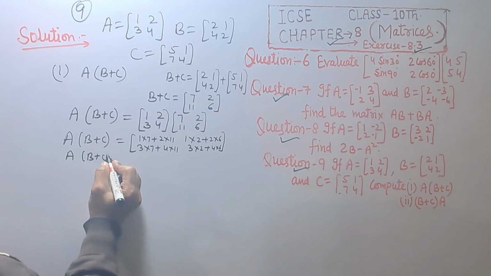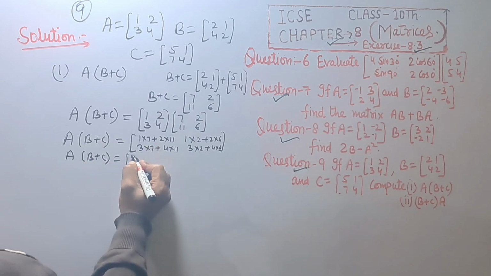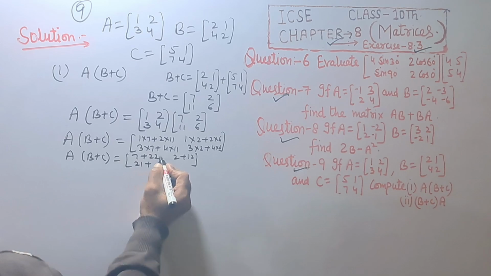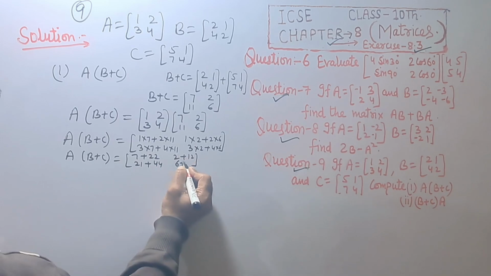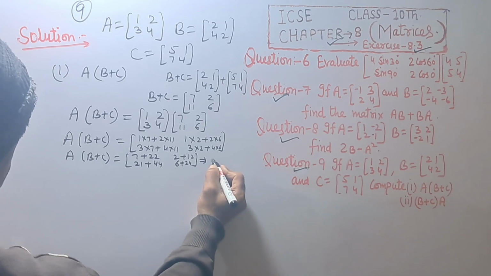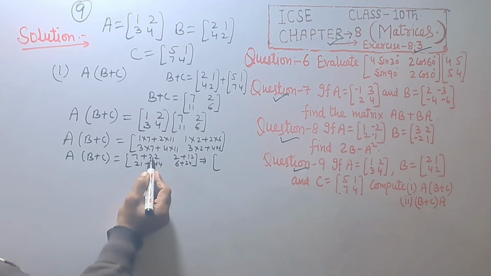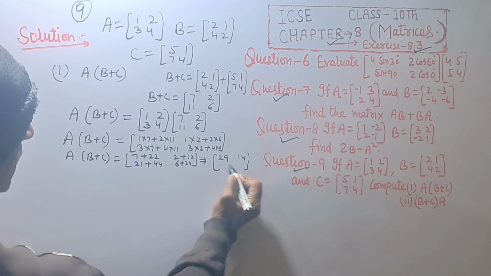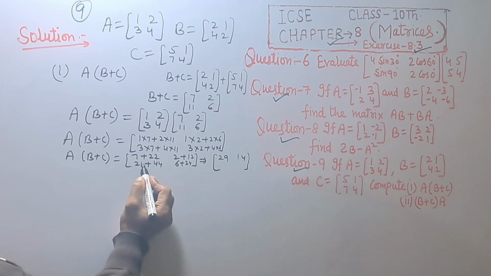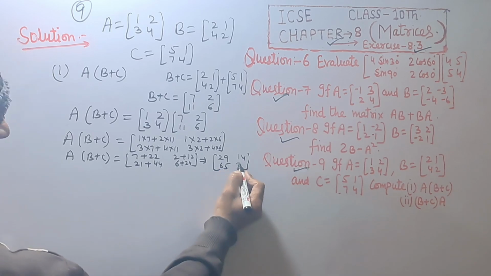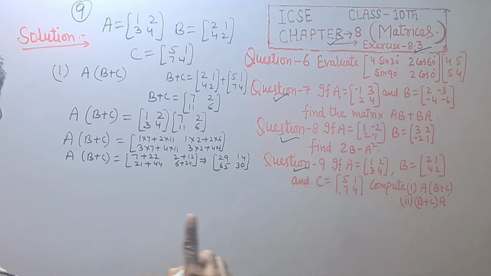A into B plus C equal to 7 plus 22 and 2 plus 12, 21 plus 44, 6 plus 24, which implies 22 plus 7 is 29, 12 plus 2 is 14, and 44 plus 21 is 65. 24 plus 6 is equal to 30.